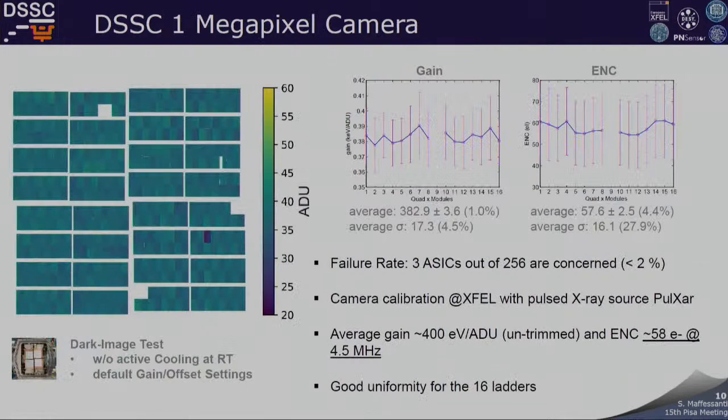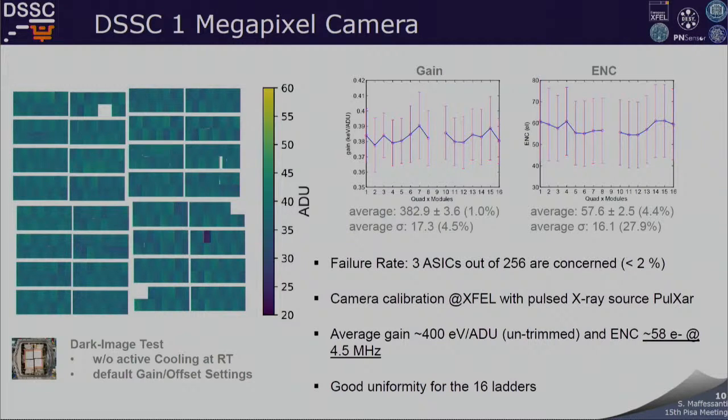So these are the results of the first megapixel camera that is already in operation. This is a dark image, and we have a failure rate of 3 ASICs out of 256. So it's less than 2% of the active area concerned. And the camera has been calibrated using a pulsed X-ray source at the European XFEL.